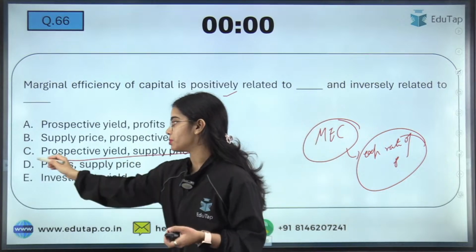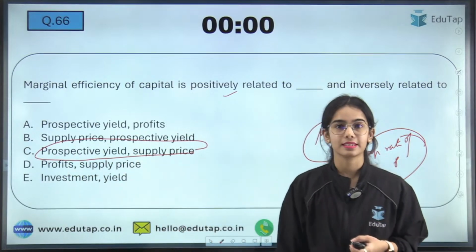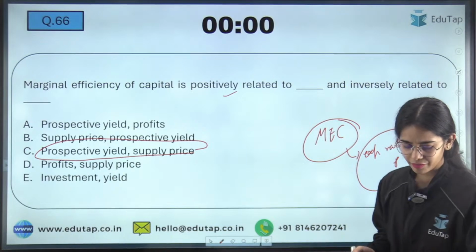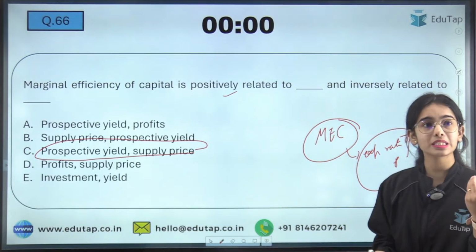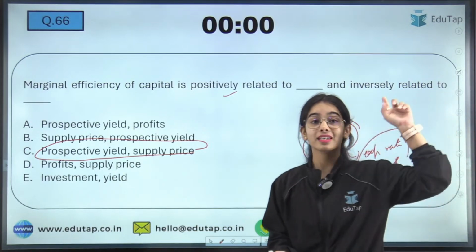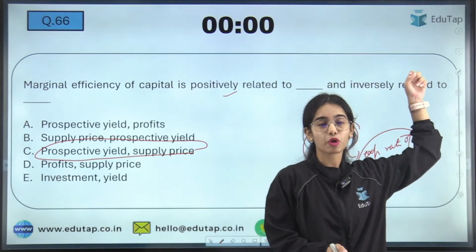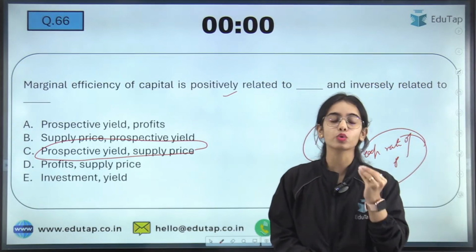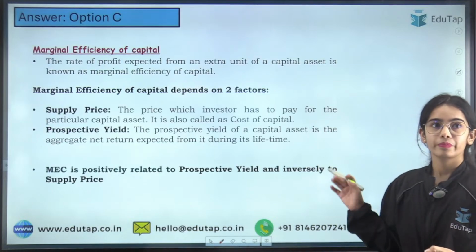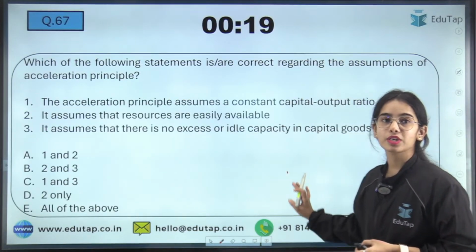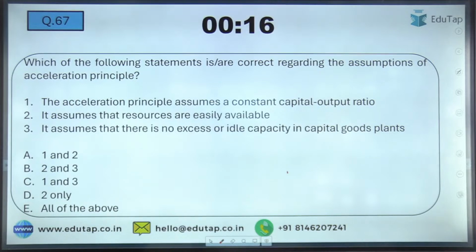So C will be the answer here. Everyone is giving the right answer. Here it would be C, prospective yield, and the rate of profitability is inversely related to supply cost. Next is, try to read the question and try to answer the question.